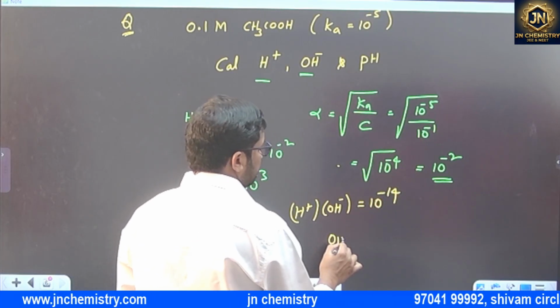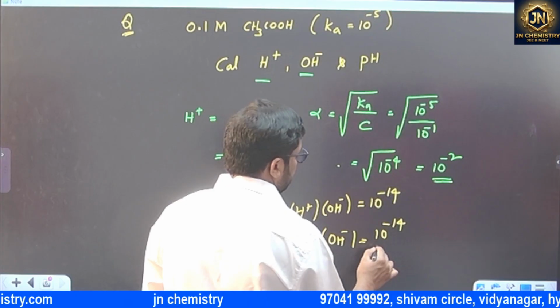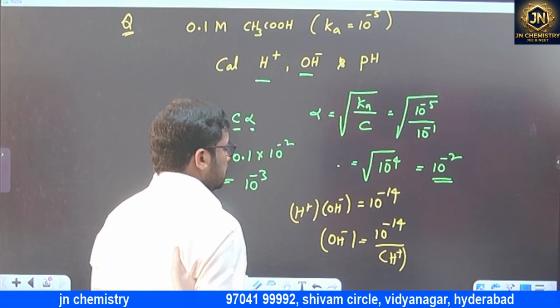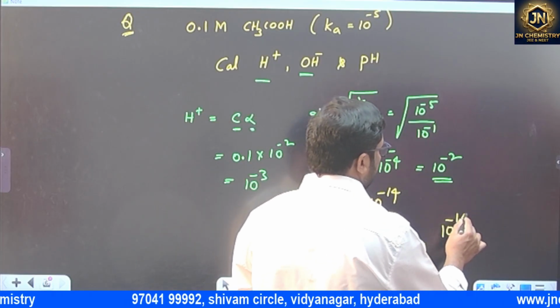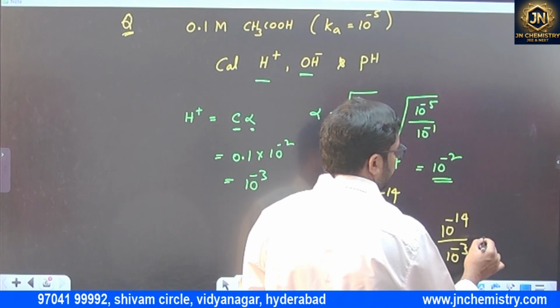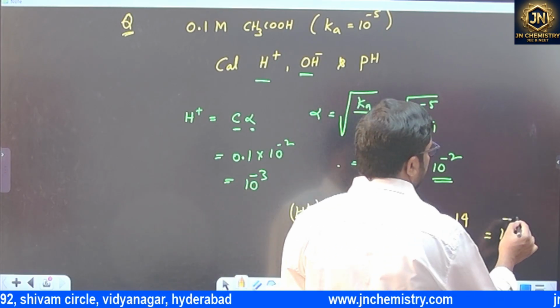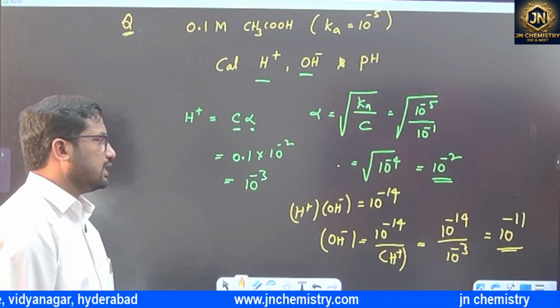So OH minus ion concentration is equal to 10 to the power of -14 by H plus ion concentration. H plus ion concentration is how much? 10 to the power of -3. 10 to the power of -14 by 10 to the power of -3, so how much will we get? 10 to the power of -11.